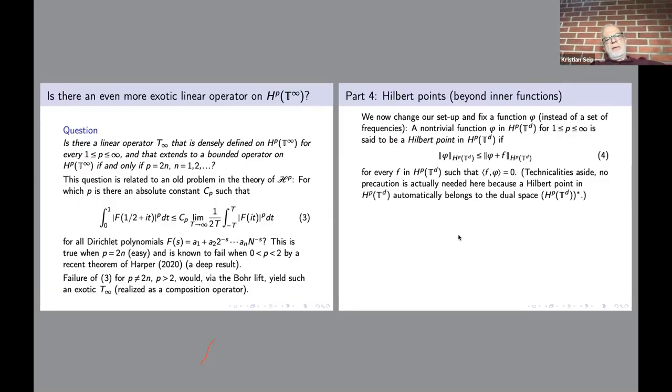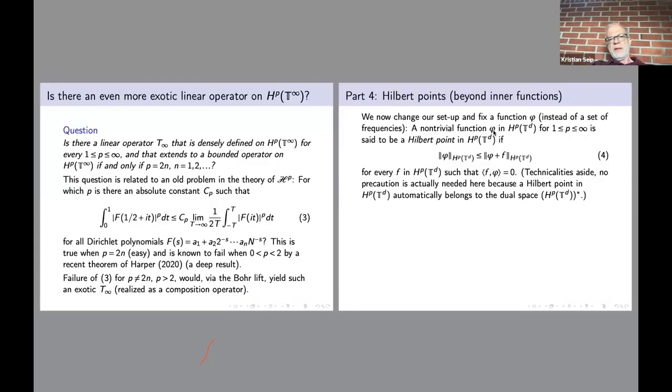But now this was again an example of an interesting phenomenon happening in the transition to infinitely many variables. So now we come to the 4th point I wanted to make about interesting phenomena happening: that you see something in the Banach space geometry. So now we change our setup and fix a function instead of a set of frequencies.